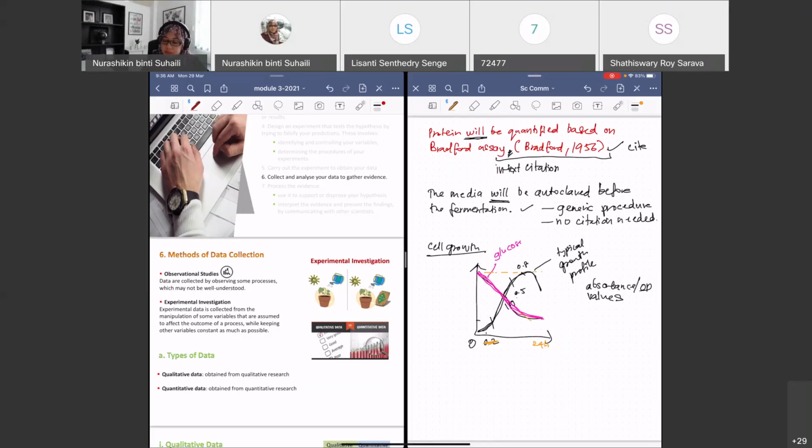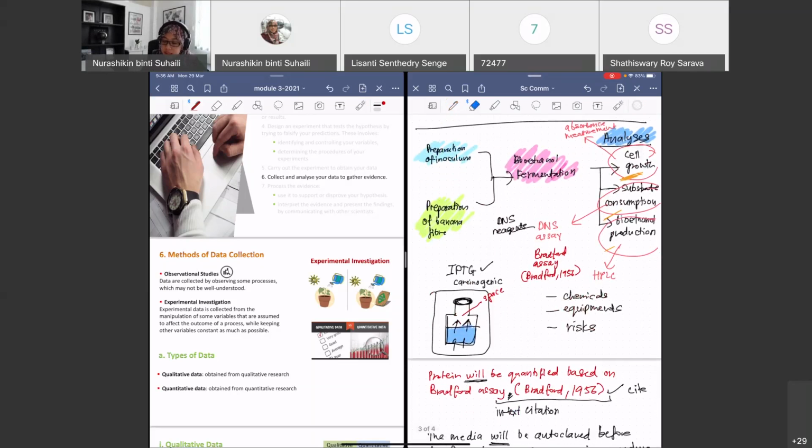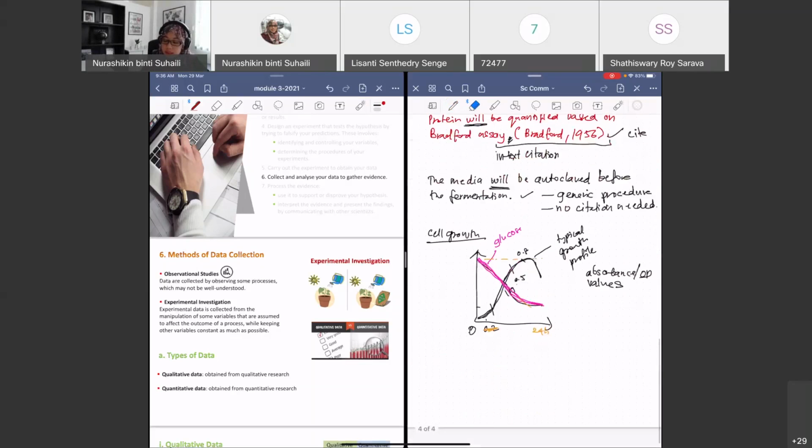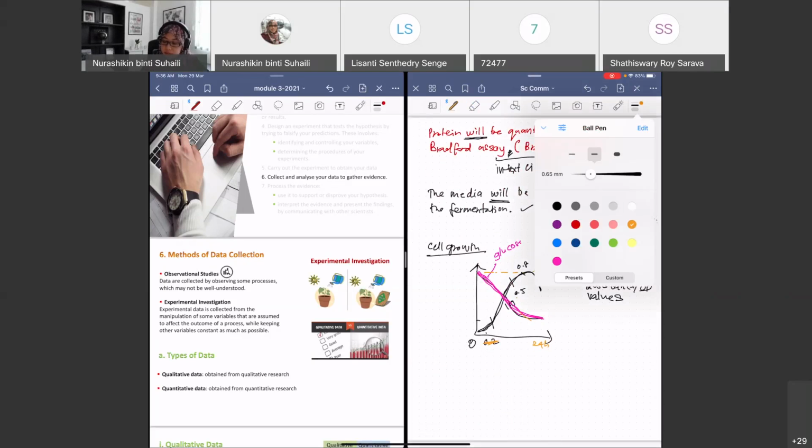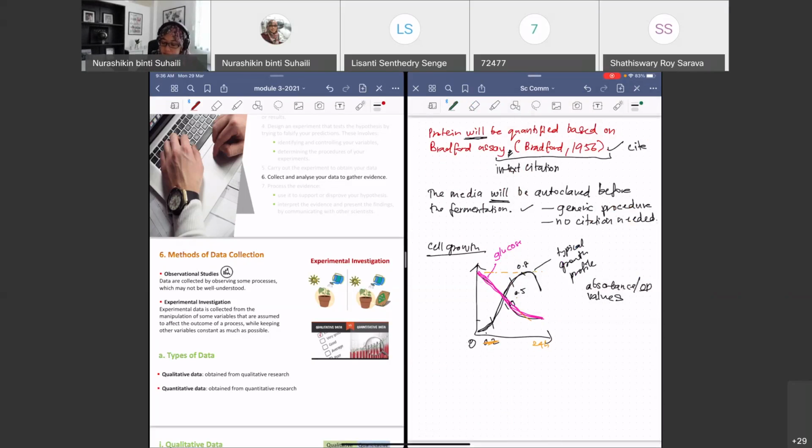Another one that you have to analyze in this research is bioethanol production. Right? What is the trend of bioethanol production? You expect it to be increasing during the fermentation. Okay, from 0 to 4 hours, maybe it's increasing something like this. So that will tally with the growth and with the substrate consumption.